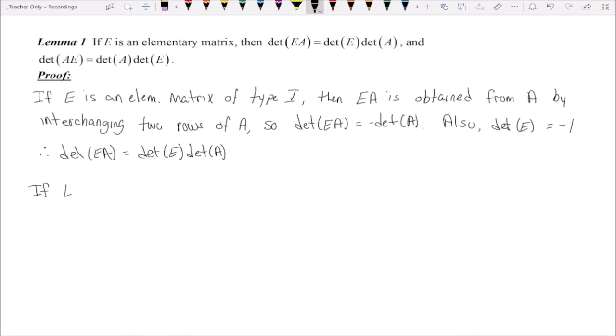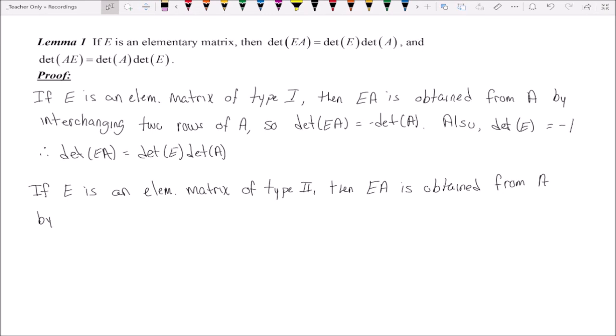If E is an elementary matrix of type 2, then E times A is obtained from A by multiplying a given row of A by a constant K not equal to 0.